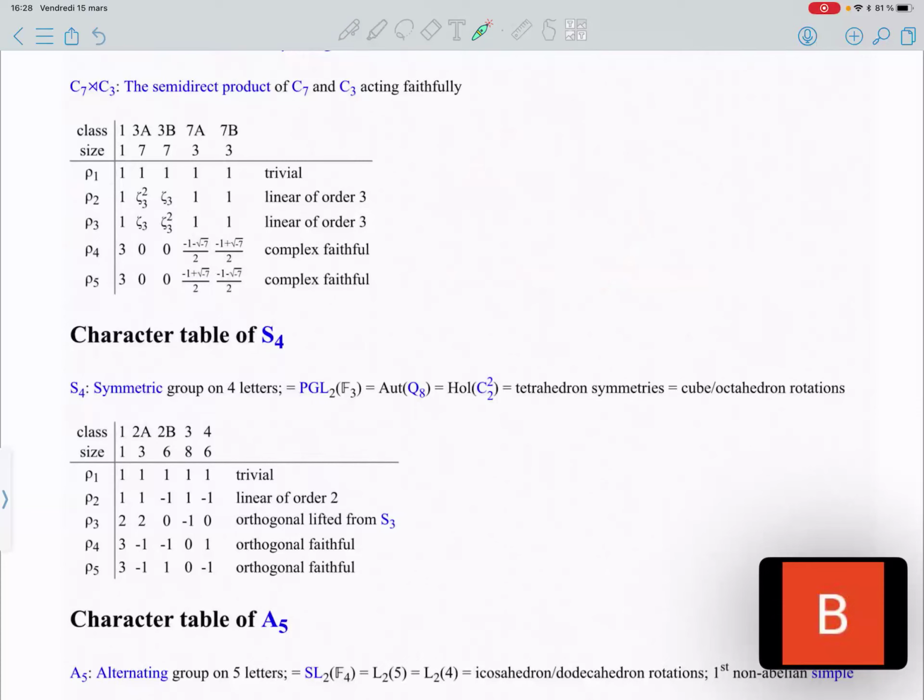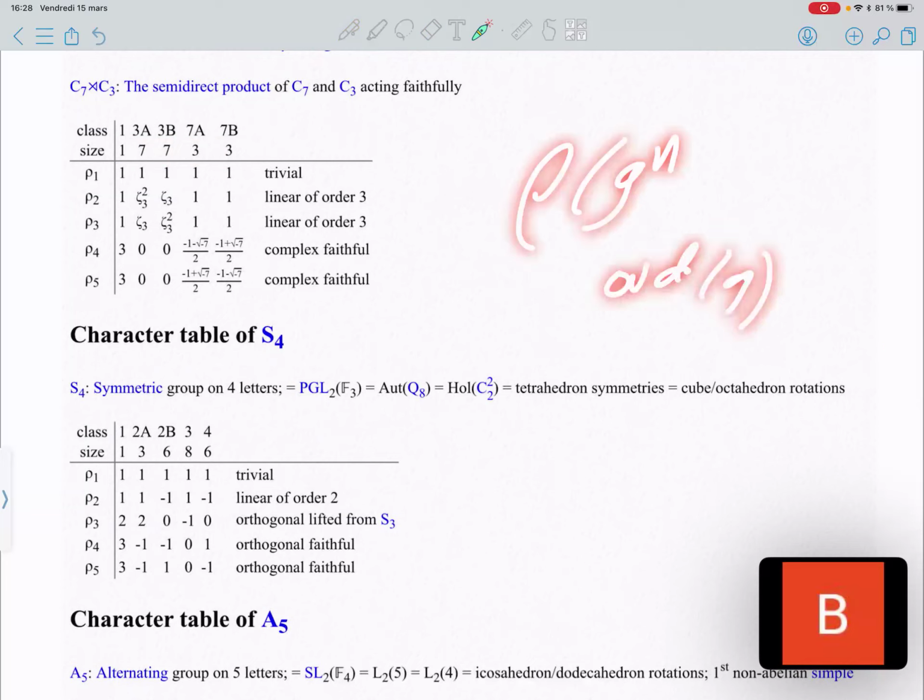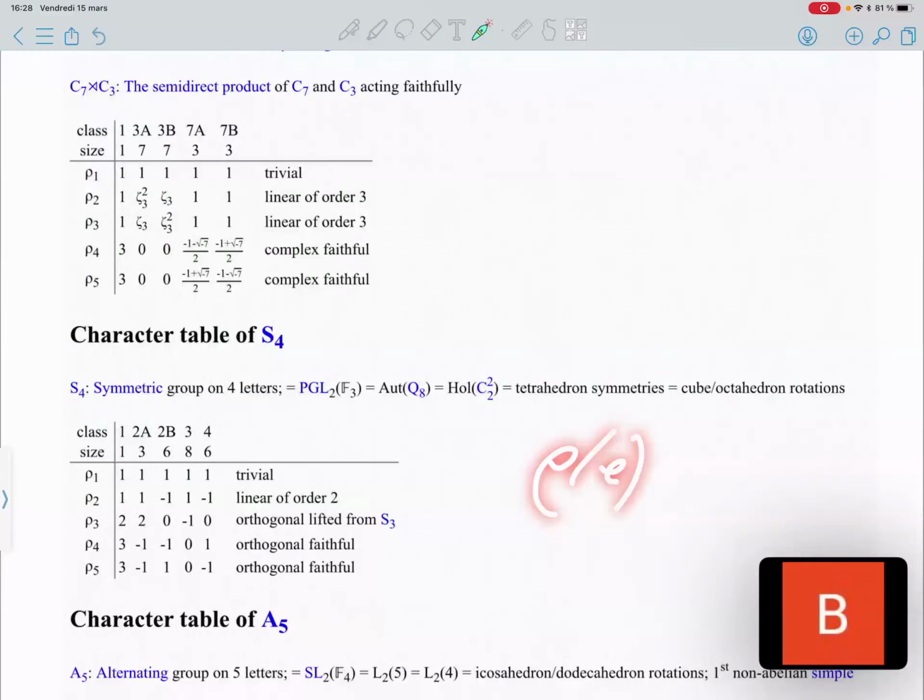You are considering an element in a conjugacy class, so they are of finite order. If n is the order of G, G to the power n is the neutral element. But rho is a representation, so it should be 1 on the neutral element.